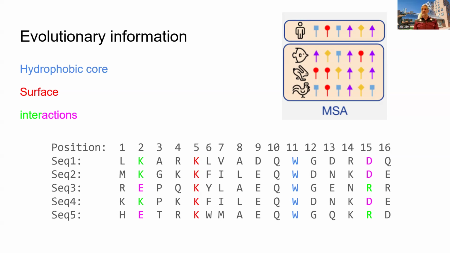Okay, so that's good information. So I can look at the strength of conservation of that particular amino acid, and then use the tendency of that amino acid to be in different positions to inform my structure.